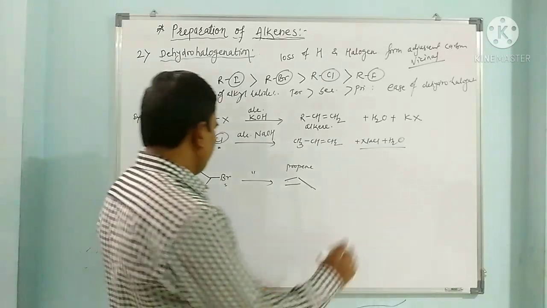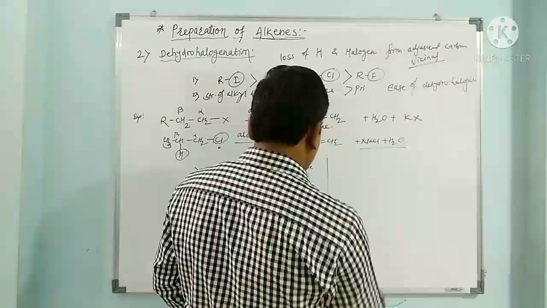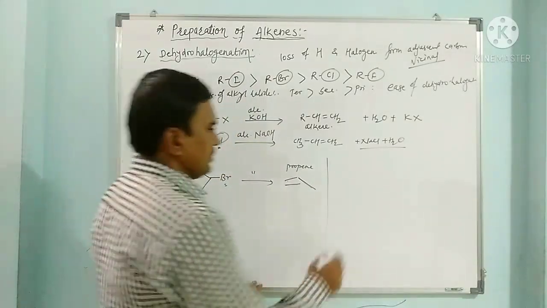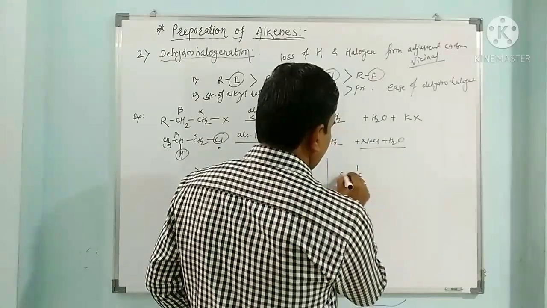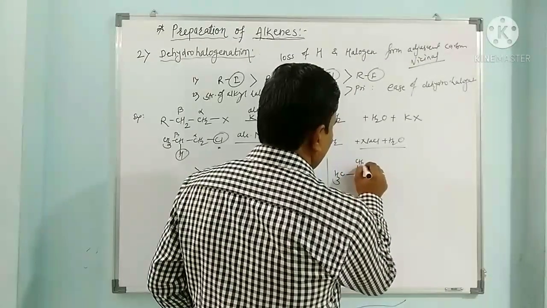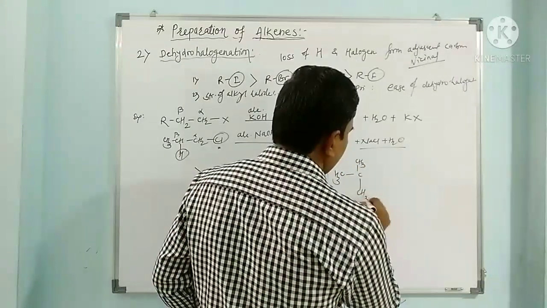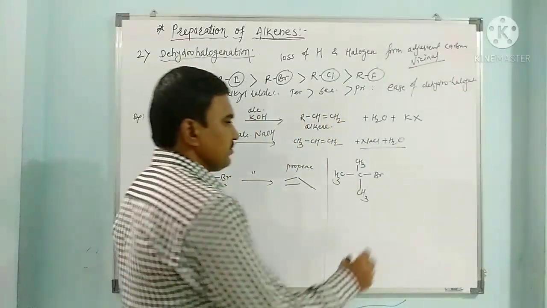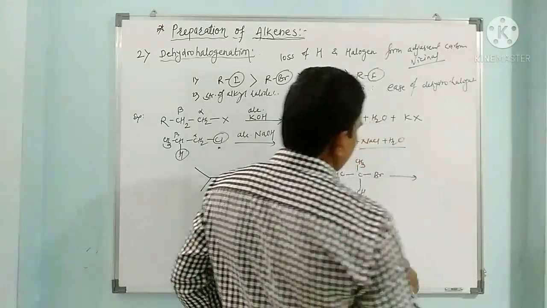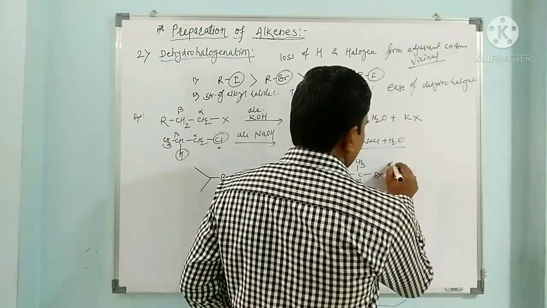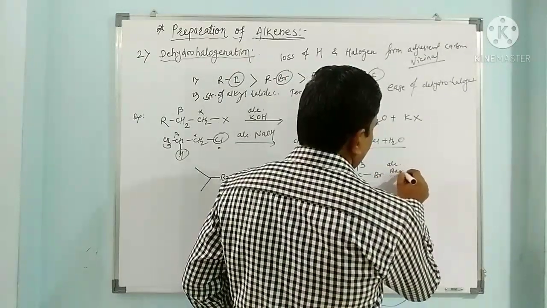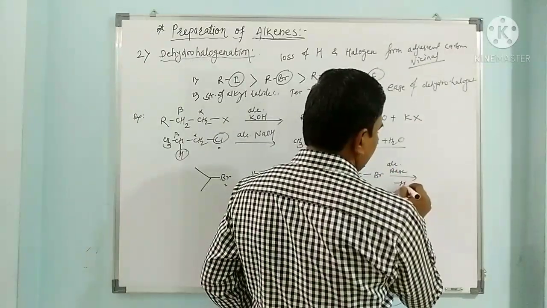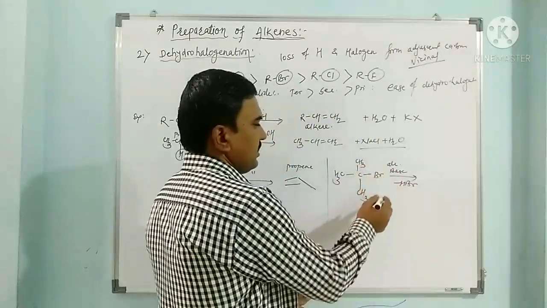When we have an example such as tertiary butyl halide, such as CH3, CH3, here this is CH3 and here this is Br, tertiary butyl bromide, it easily undergoes elimination. Alcoholic base, any base we can select here. So minus HBr, hydrogen and halogen.